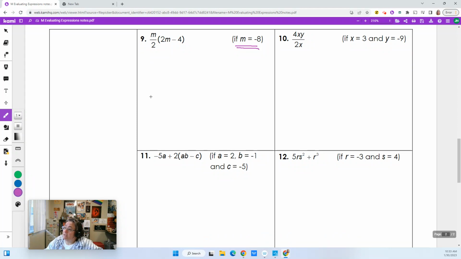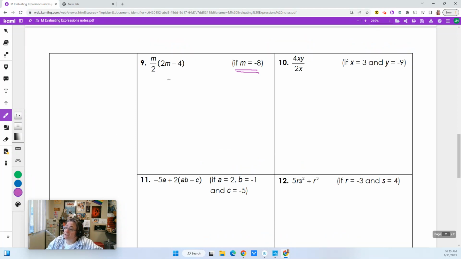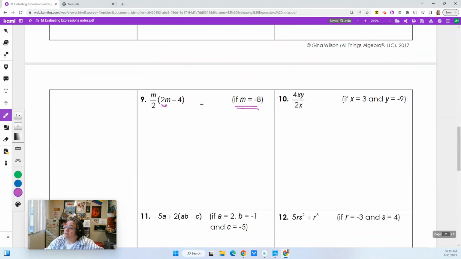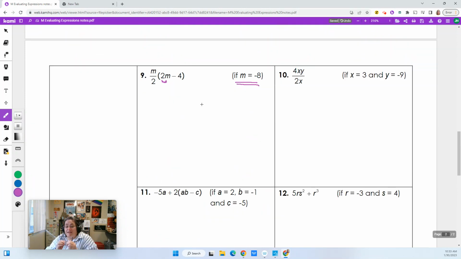So if we look at number 9, every m just becomes a negative 8. But see how these two are multiplied, this 2 and this m next to each other? Sorry about that. That means multiplication. We're going to put a little parentheses in there, just so we remember to multiply that whole thing because it's a negative number going in.